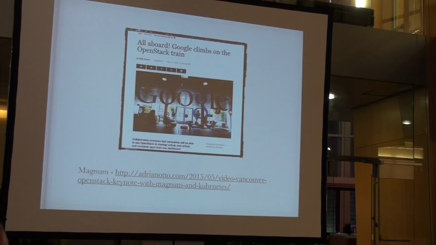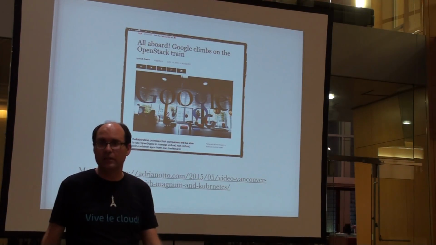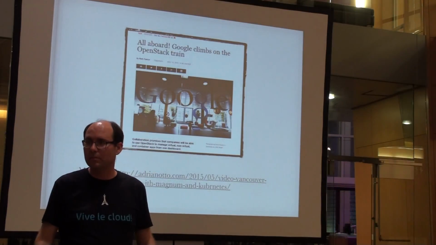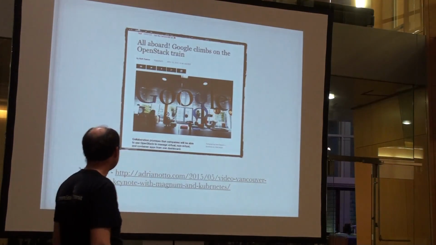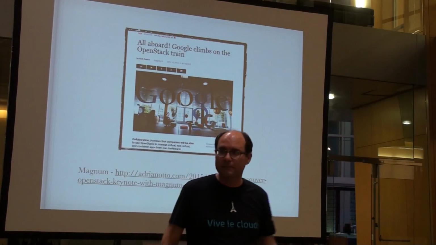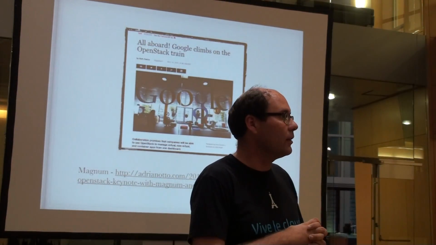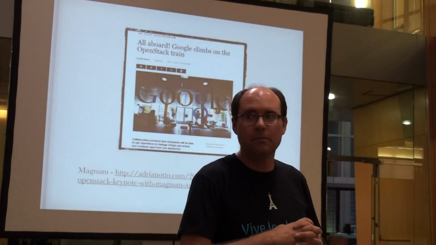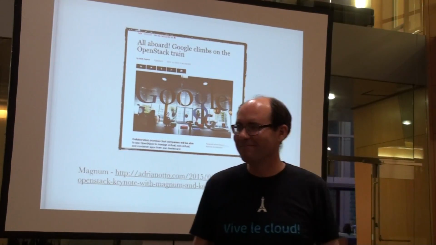That was last week. Google joined the OpenStack Foundation as a sponsor, so they're a pretty important sponsor now. So that happened last week. Why would they do that? Well, remember there's this other company, Docker, which people think is getting too powerful, let's say it that way.